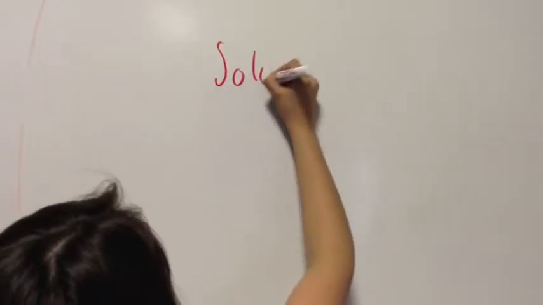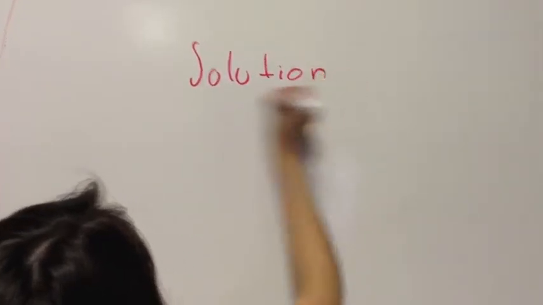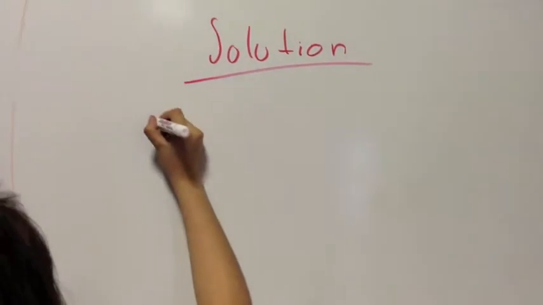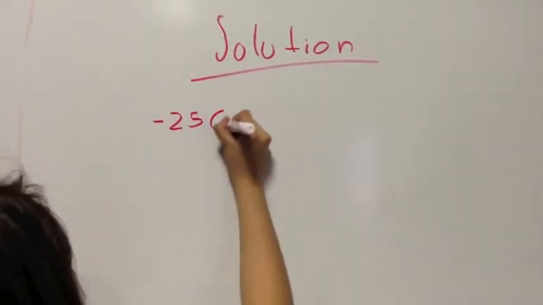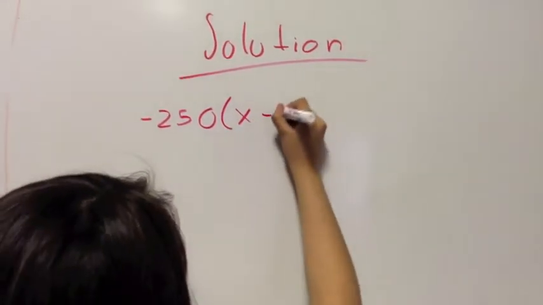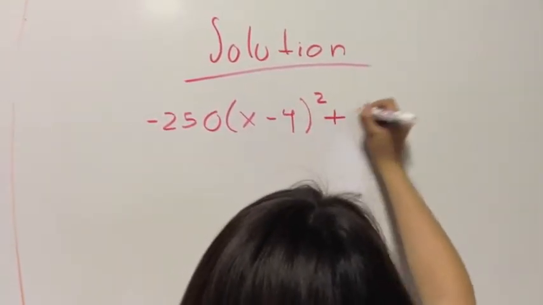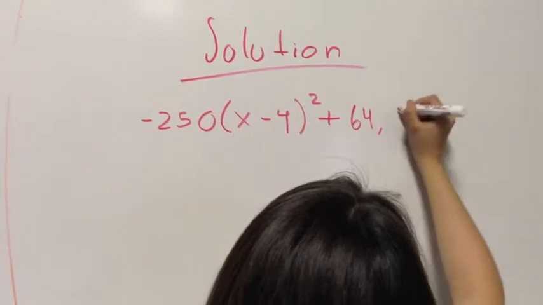Here is the solution of the question, that is, which price will give the maximum income for the company: minus 250 times x minus 4 squared plus 64,000.